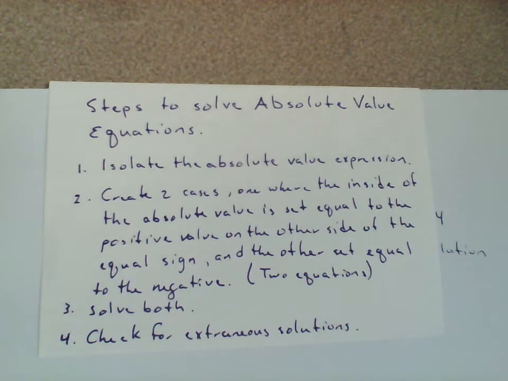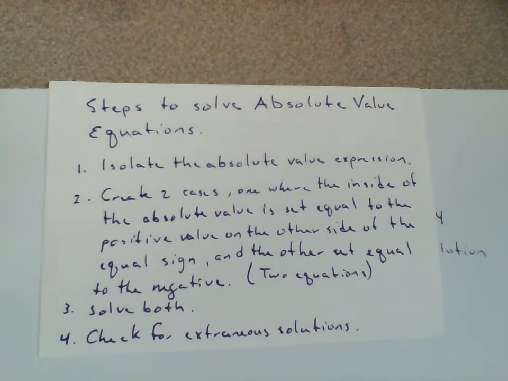Number 2, you want to create two cases. You want to set the inside of the absolute value equal to both the positive and negative value of whatever number's on the opposite side of that equal sign. Then you want to solve both equations. And lastly, you want to check for extraneous solutions.